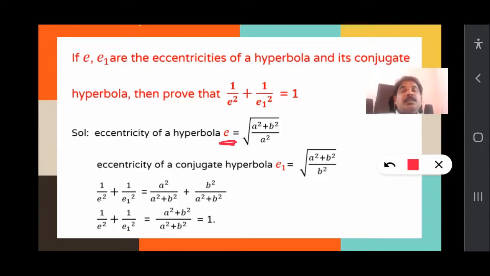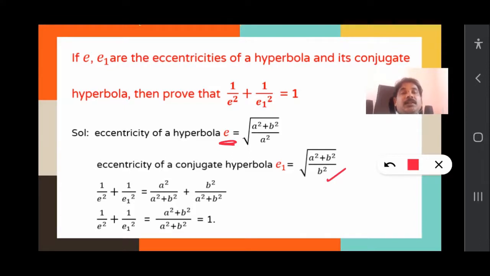The eccentricity of the conjugate hyperbola e1 is equal to under root of a square plus b square by b square. Now take the value of 1 by e square plus 1 by e1 square. e is equal to under root of a square plus b square by a square.